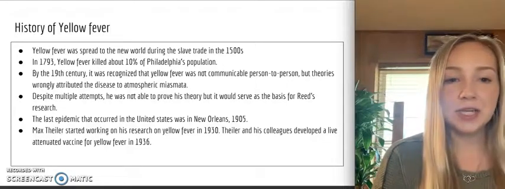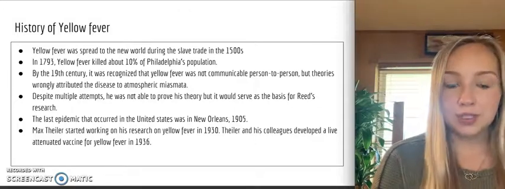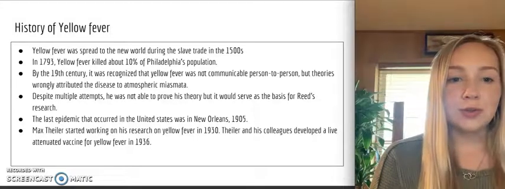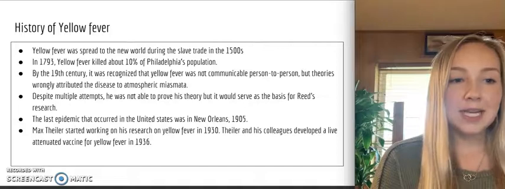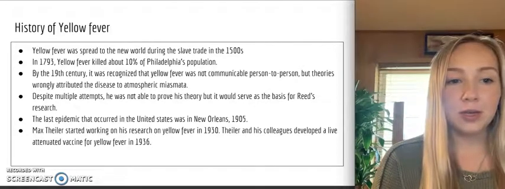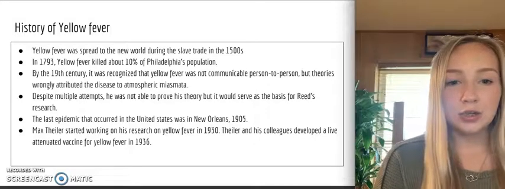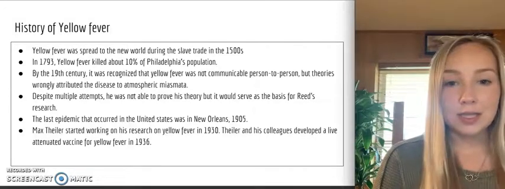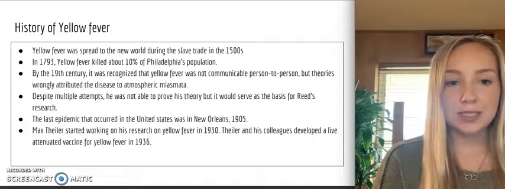By the 19th century, it was recognized that yellow fever was not a communicable person-to-person virus, but theories wrongly attributed the disease to atmospheric conditions. In 1881, Carlos Finlay of Cuba significantly advanced the field when he suggested that Culex cubanus, also known as Aedes aegypti, was the mosquito responsible for spreading the disease.